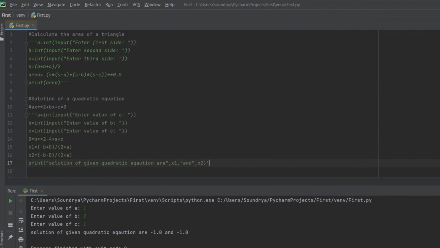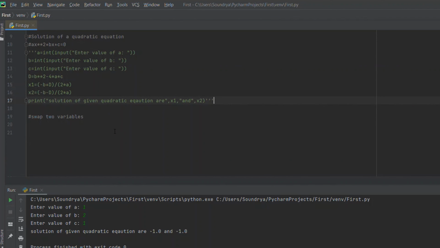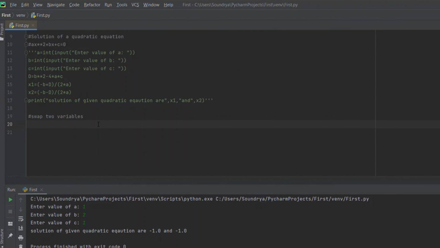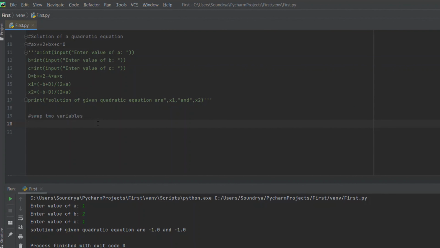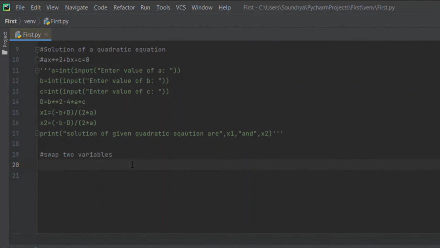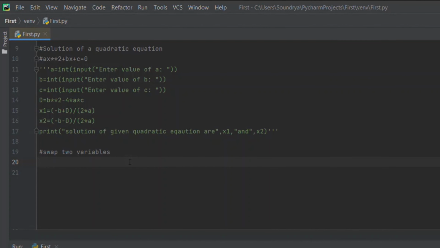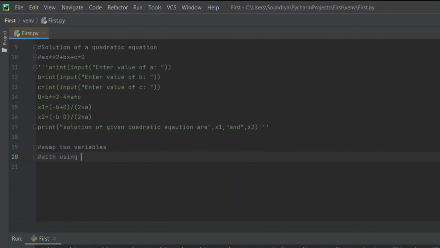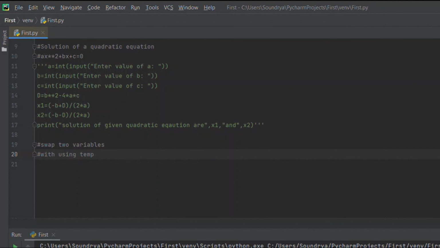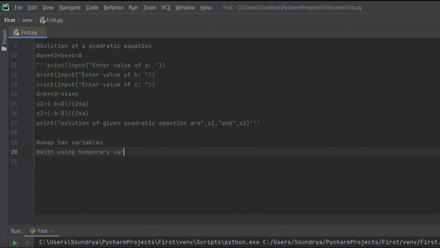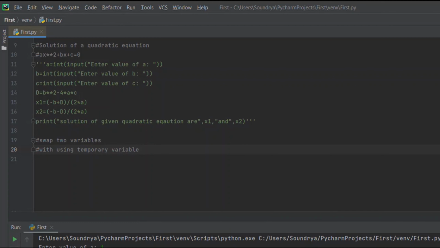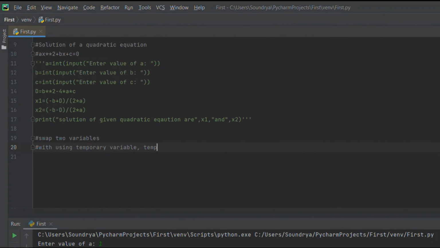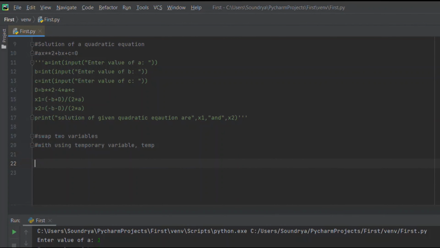Let us come to the third program, which is swapping of two variables. We can swap two variables by two methods: with using a temporary variable and without using a temporary variable. Now with using a temporary variable, let temp be our temporary variable.